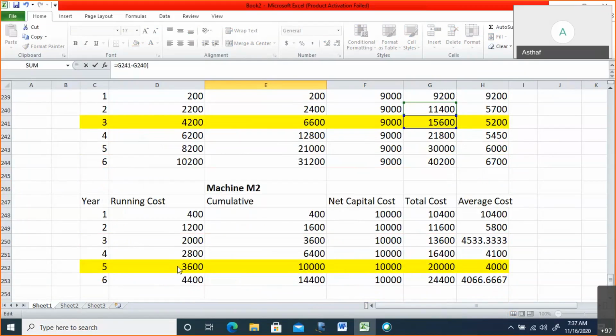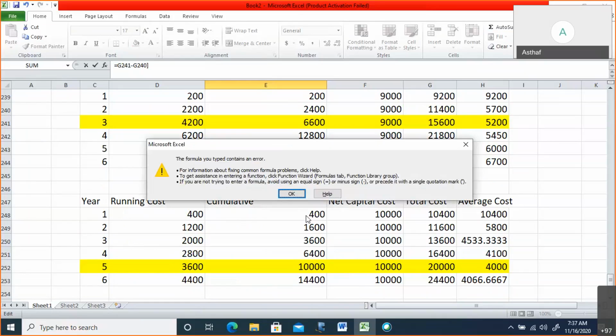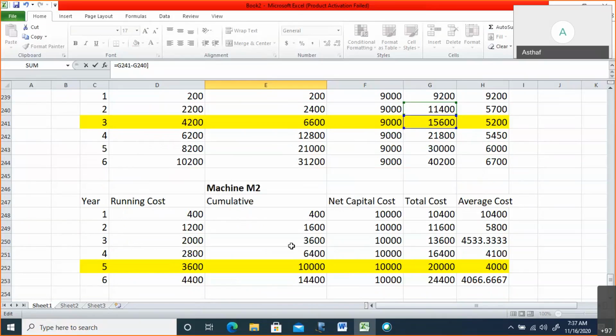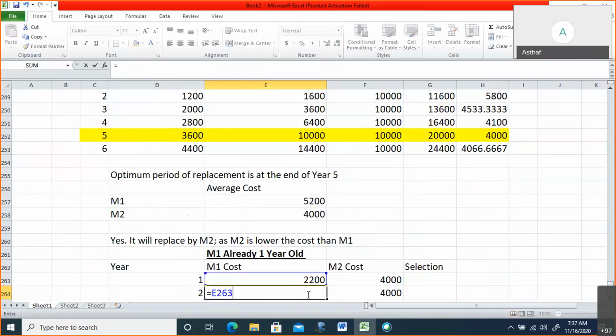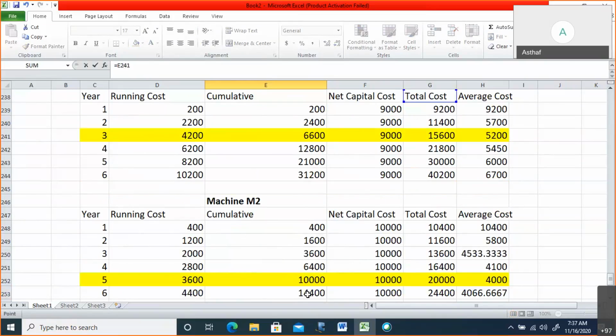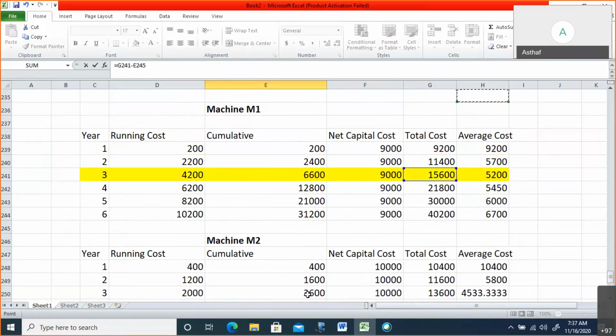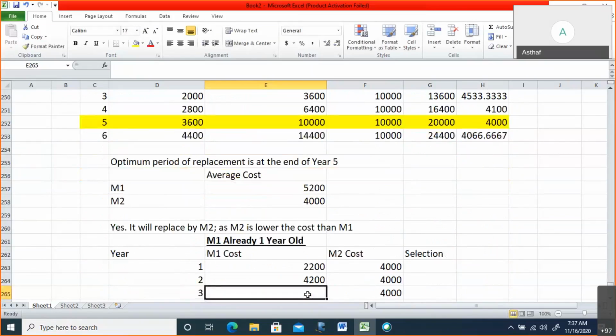See, when you approach 2 and 3, what is the number you are getting once again? 4,200.